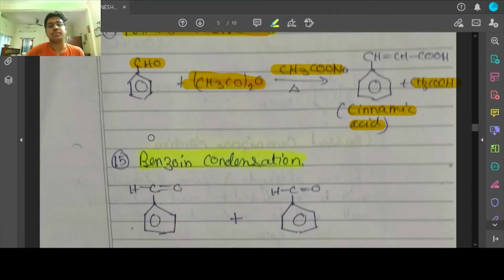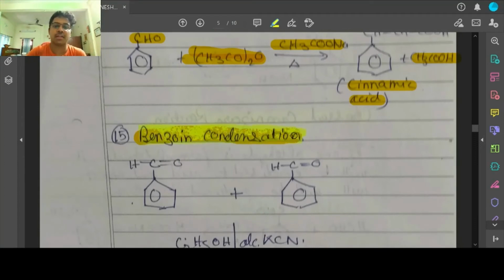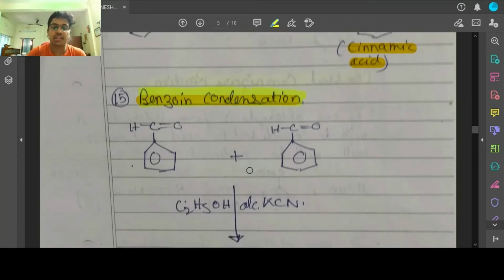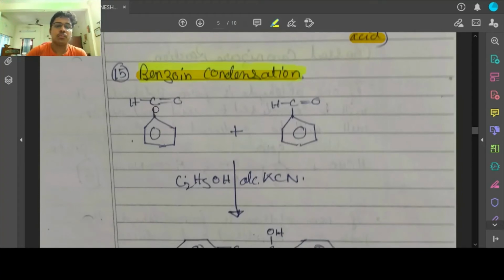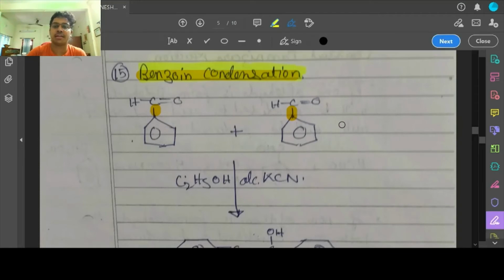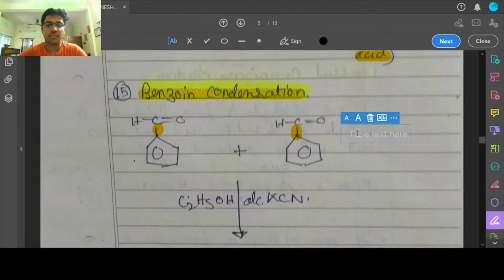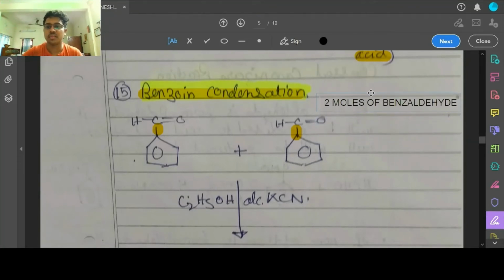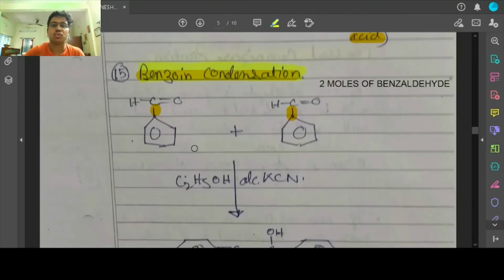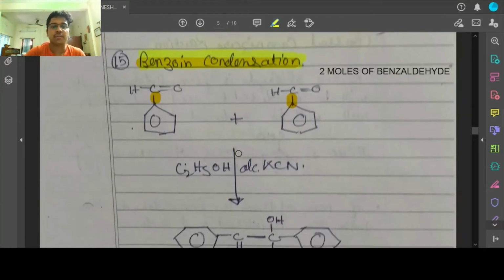Now, benzoin condensation. In benzoin condensation, we take two moles of benzaldehyde in the presence of C2H5OH and alcoholic KCN.